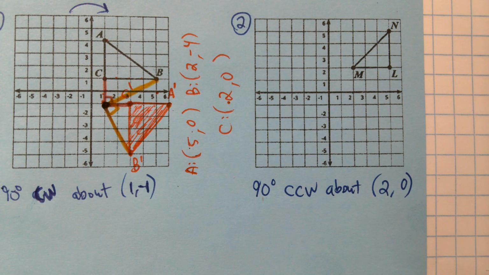That's going to be my new reference. So make a dot at 2, 0 real quick. All right, we made our dot at 2, 0. That is right here.